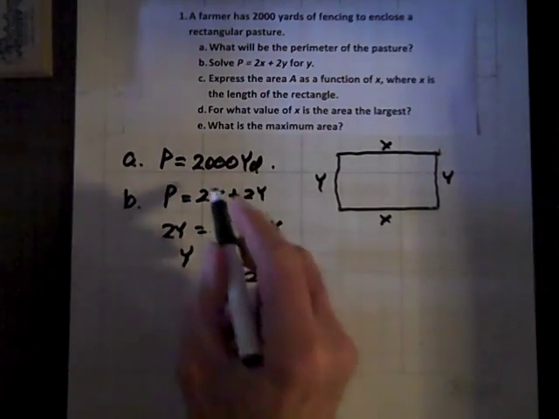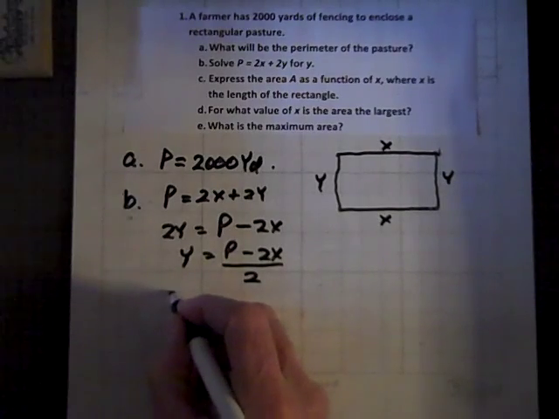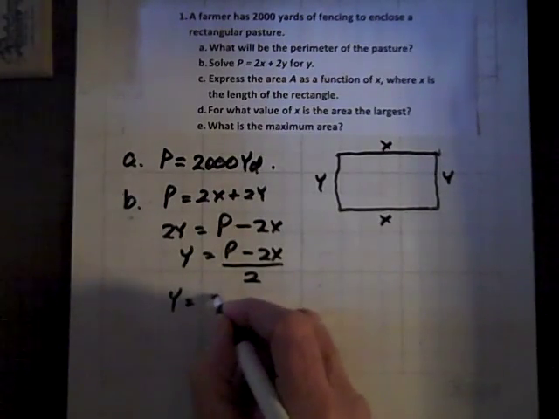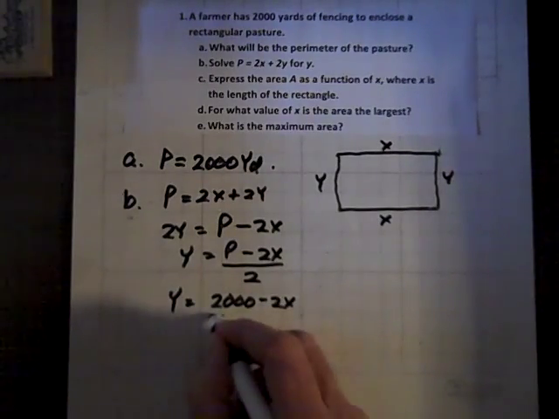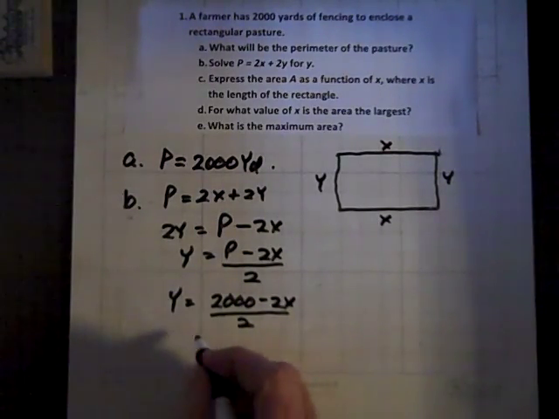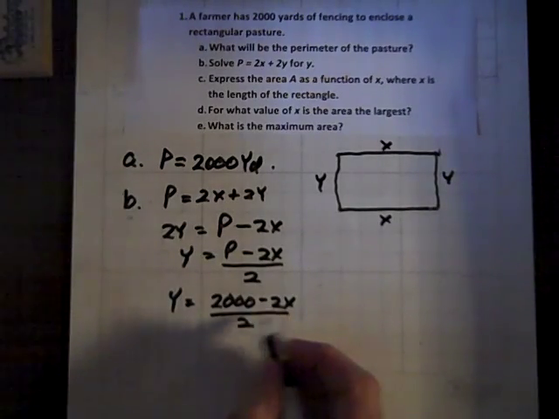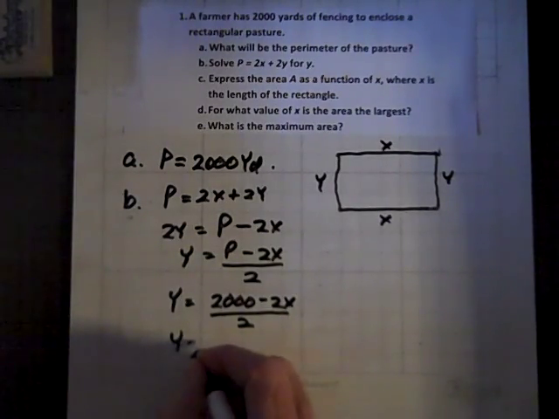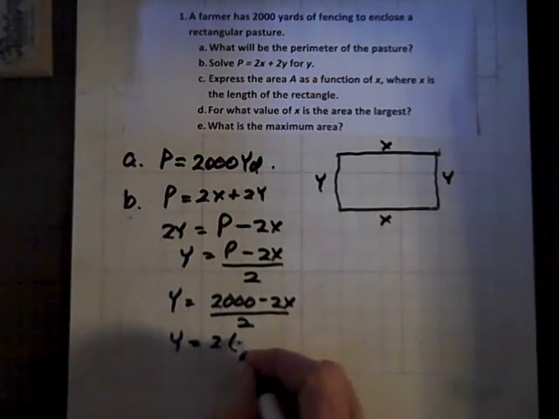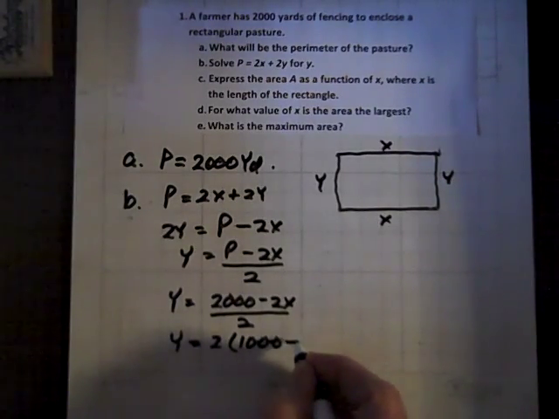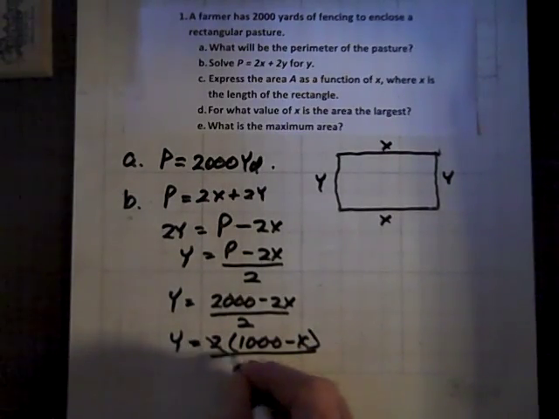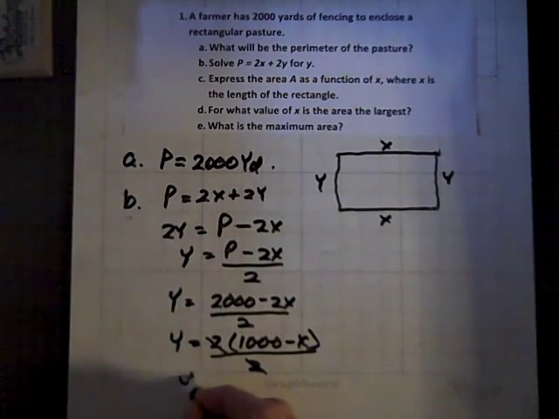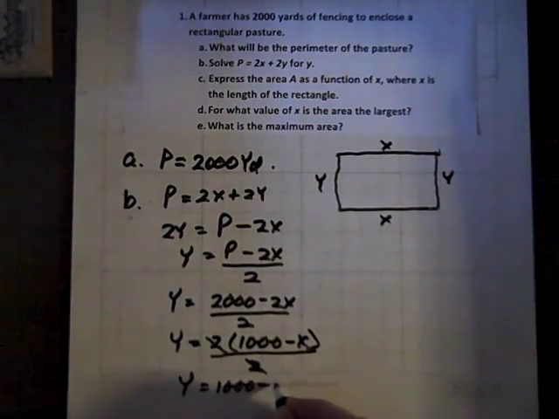But p equals 2,000, so y equals (2,000 minus 2x) over 2. And if we factor 2 out of each term, there we get 2 times (1,000 minus x), all divided by 2, so the 2's divide out, and we get y equals 1,000 minus x.